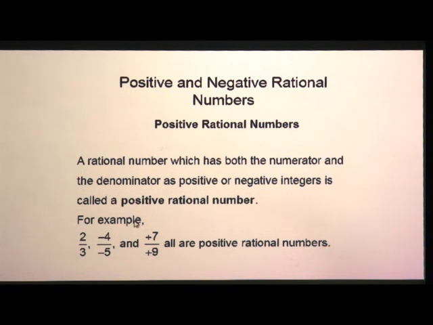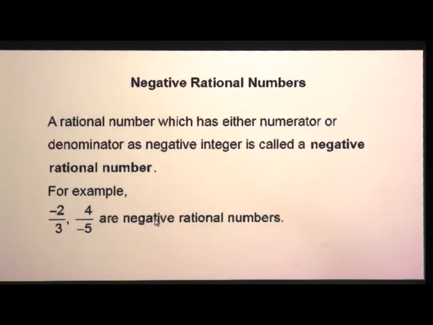So, now we know what the positive rational numbers are. Now, we will see about the negative rational numbers. A rational number which has either the numerator or the denominator as a negative integer is called a negative rational number.